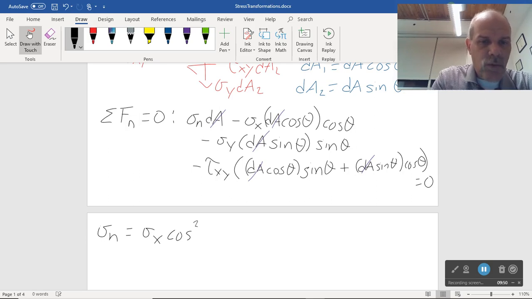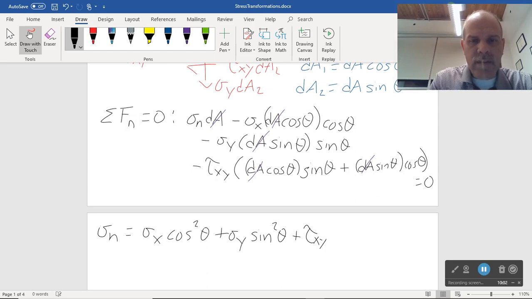Well, that looks like cosine squared theta. And then I've got plus sigma y sine squared theta, and I've got tau xy, and it looks like I've got 2 sine theta cosine theta in there. So that's what sigma n is going to be.